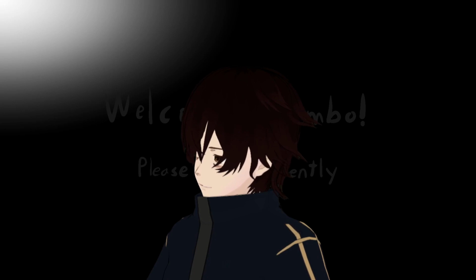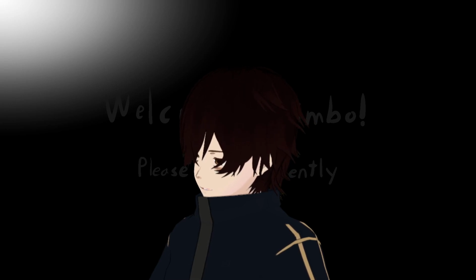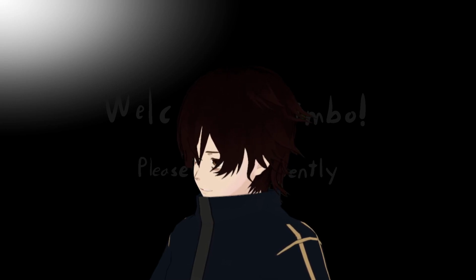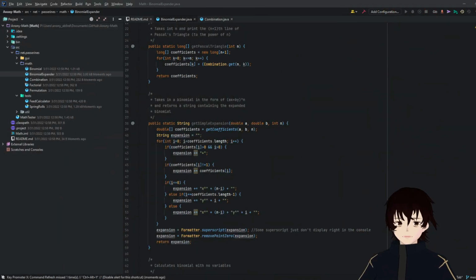And idea. Damn, I'm gonna have to accept the fact that the window size is gonna be weird. Yoink. Alright.